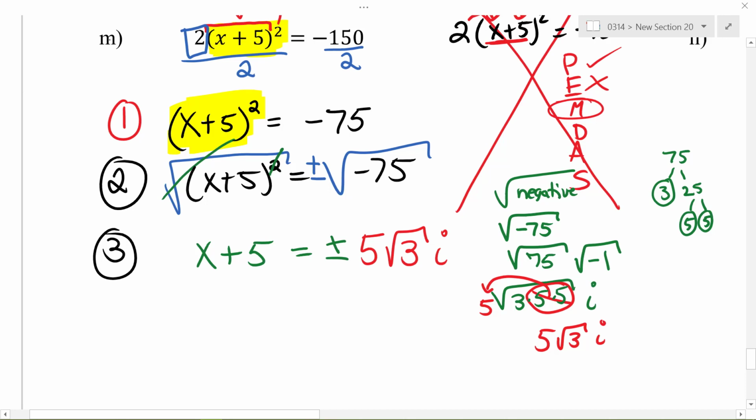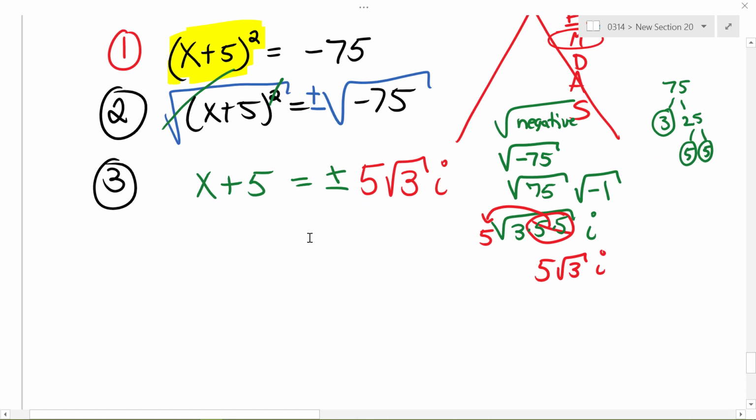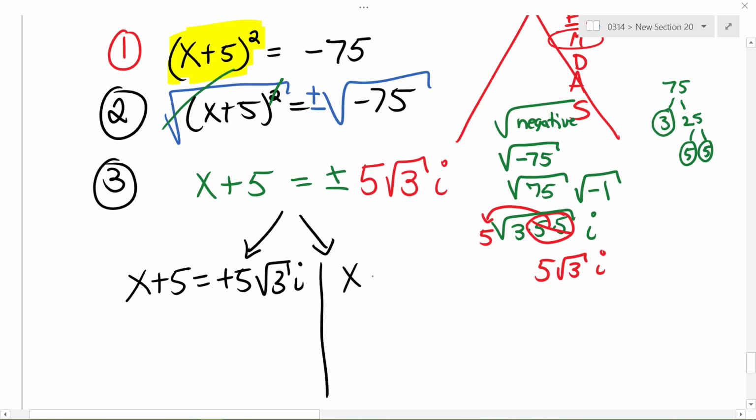Okay, now we need to solve for x. I need to get x by itself. Right now I have an x plus 5, so that's not quite good enough. So I need to actually go a little bit further, and I need to subtract that 5 from both sides. So my suggestion at this stage is, since you have something else to do to get x by itself, and you have the plus or minus, I'm going to suggest that you just go ahead and get in the habit of separating it as the positive version of that answer and the negative version of that answer.